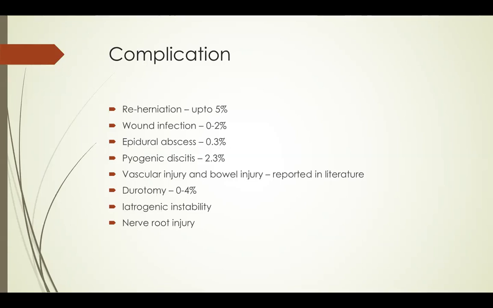Whenever I put any instrument into the disc space, I always keep in mind how deep I am going. Usually, in adults, from the posterior annulus you can go 2.5 to 3 centimeters in and you're still in the disc space. So whenever you put any instrument in, you can take a look at how deep you can go, even though you don't need x-rays. You can go up to 3 centimeters and still be in the disc space.